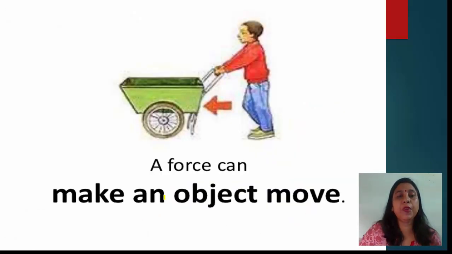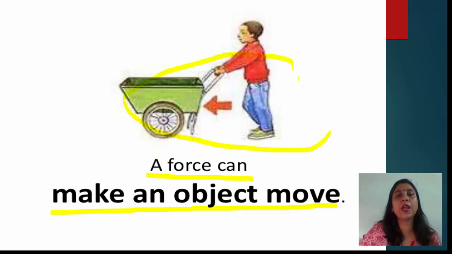The very first effect of the force is that a force can make an object move. As in this slide, you can see that this is a man who is pushing this wheelbarrow. He is pushing it by his hands, and the body is moving.